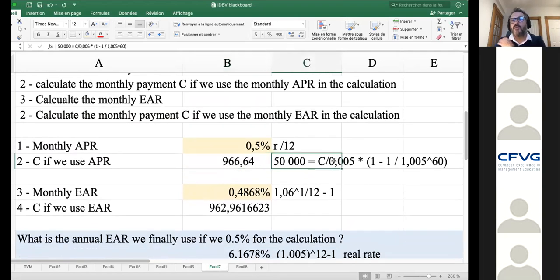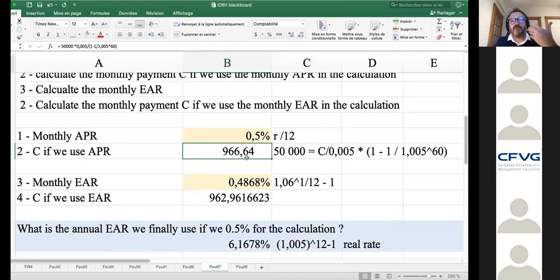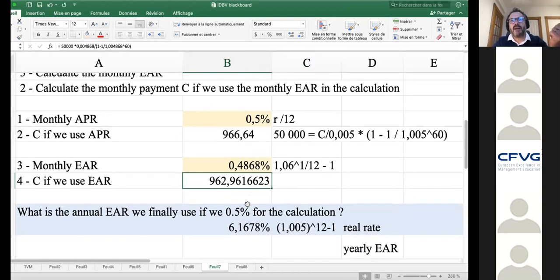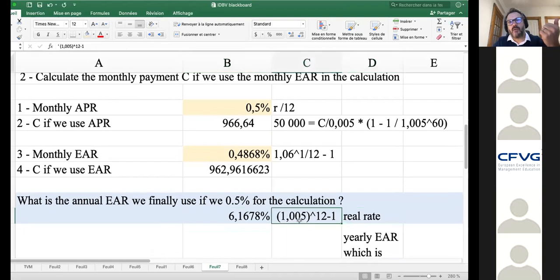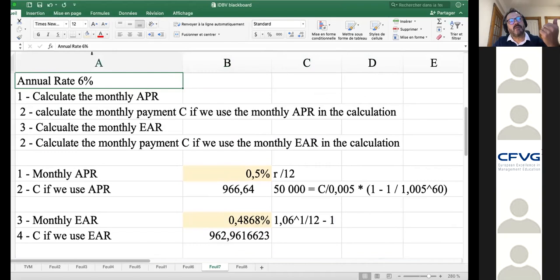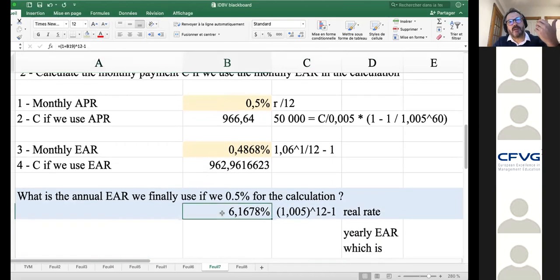And so, of course, in your formula, since you consider that you have a monthly compounding, finally, you find something a little bit more expensive than if you were using the monthly EAR. It's because when we recalculate the monthly rate on a yearly basis, it is said that it's 6%, but in reality, you pay 6.16%, 6.17 nearly. And this is what is done in real life. So this is what you have to do.